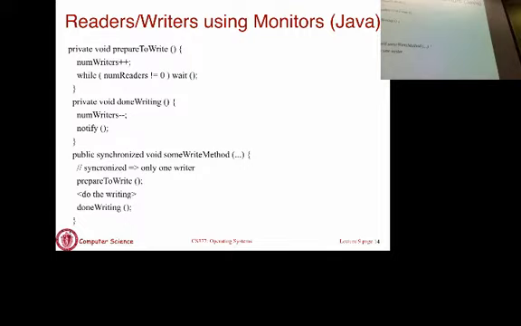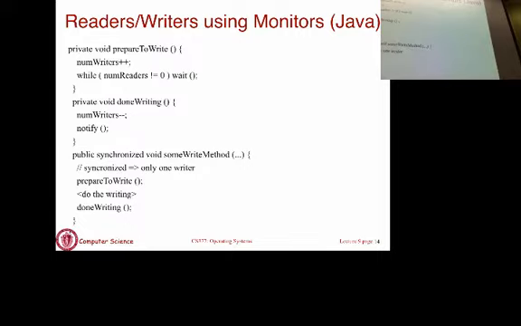When you're done with the writing, you call done write, which decrements the write count and just calls notify. Notify on a condition variable says if there is any thread that is asleep, wake those threads up. In particular, we know that there are, in this case, 3 readers and a writer asleep.